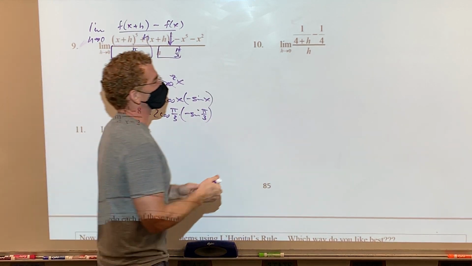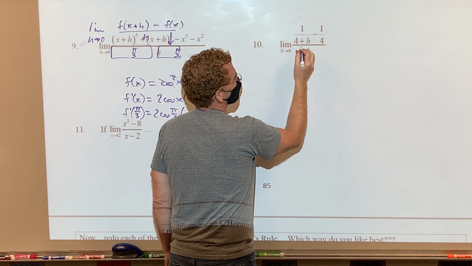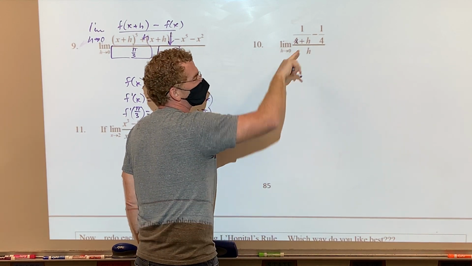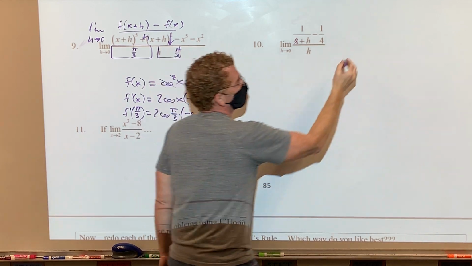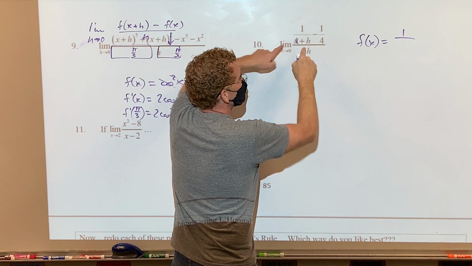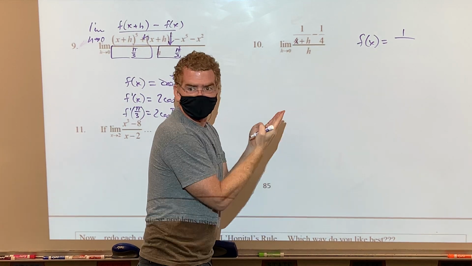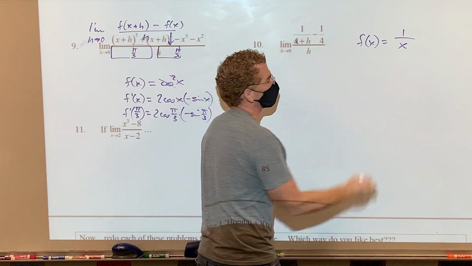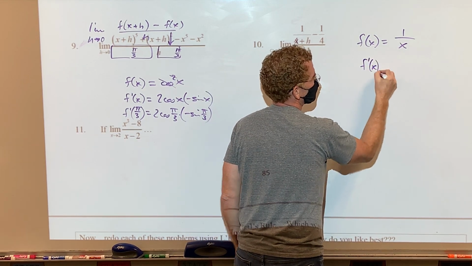So I pretend for a second, all right, if that was an x plus h, right, then what would my function have been? My function would have been 1 over x, because I plugged in x plus h in for x. So if my function is 1 over x, what would be the derivative of that?